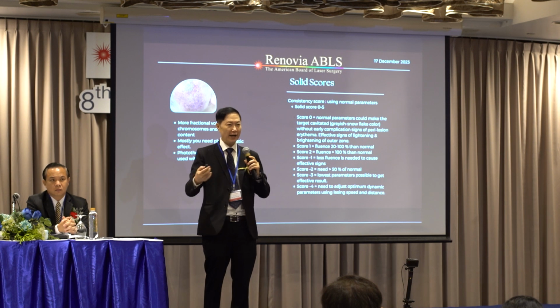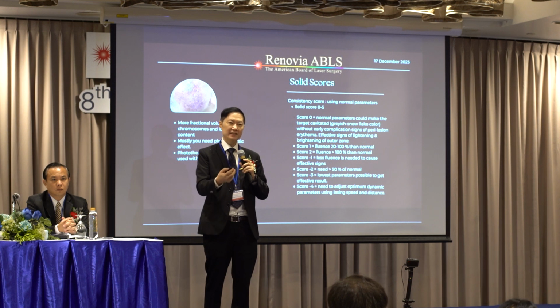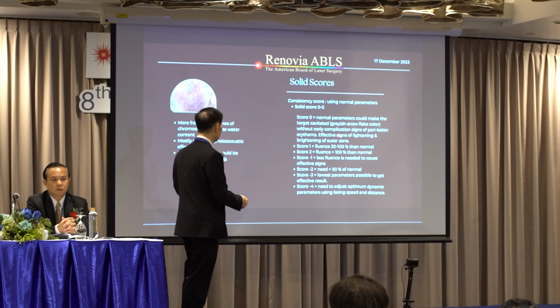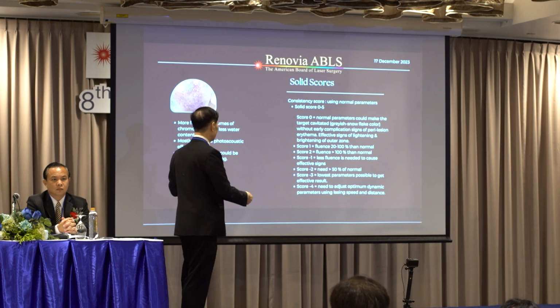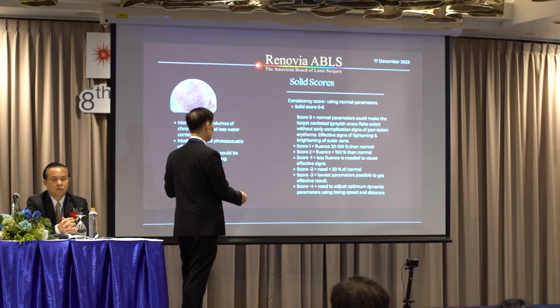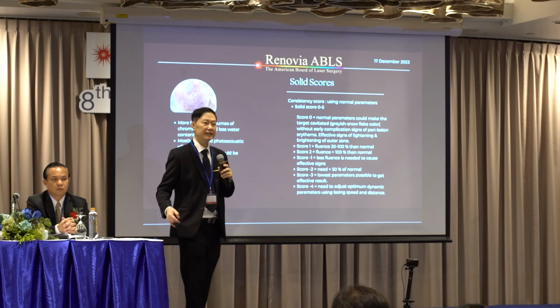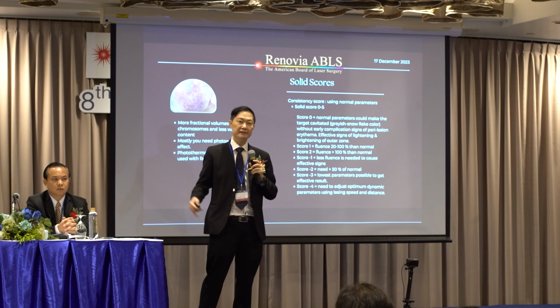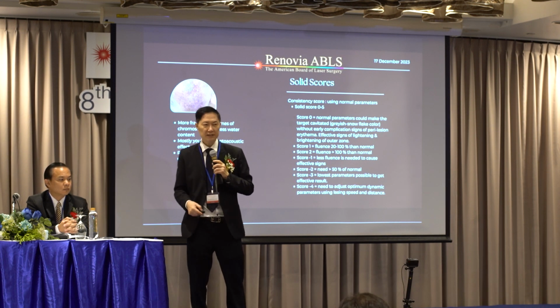Not too white, just grayish white snowflake. And then if you cannot make it, you increase the fluence by total energy by 20 to 100%. Their normal is number 1, 2. If you use less, it's minus, and so on. And this is the classification of solid score. Okay, next slide, please.